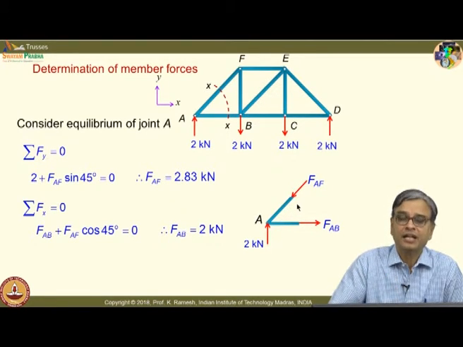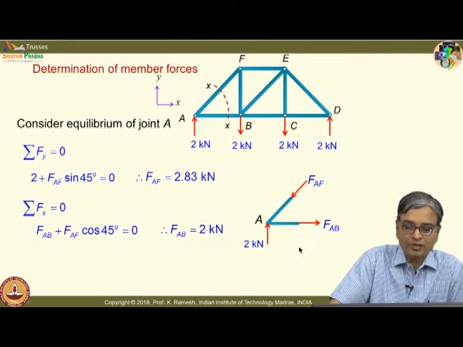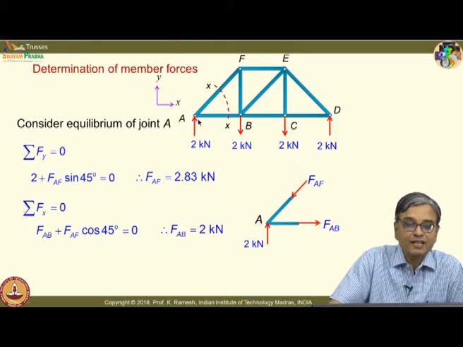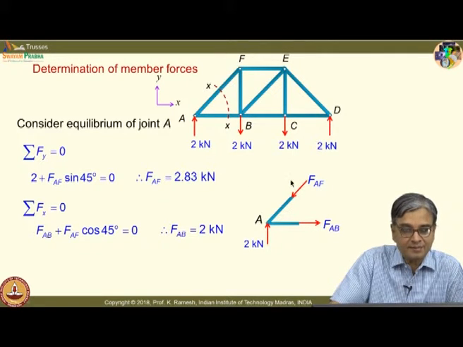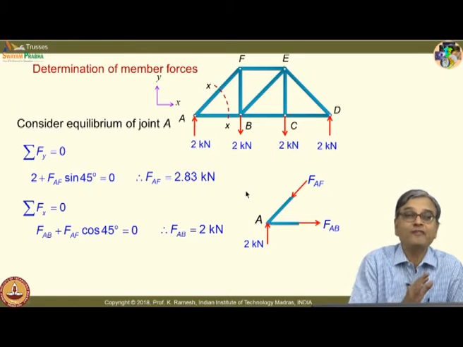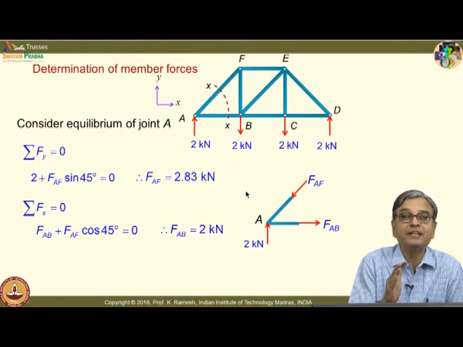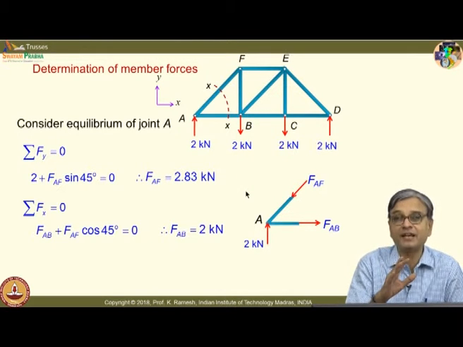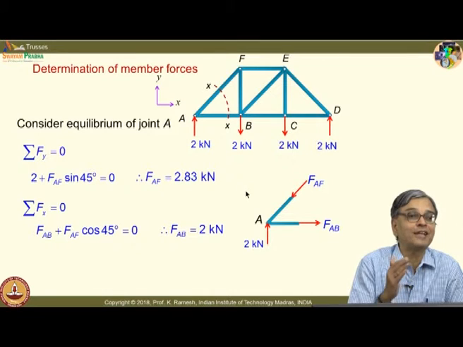fine. But many books, what they do is, they do not isolate the joint like this, they isolate the pin. The moment you take it as a pin, the results will be still similar, but you have to be careful and follow a discipline so that you interpret what is tension and compression, because ultimate interest is to find out whether the truss member is in tension or compression.